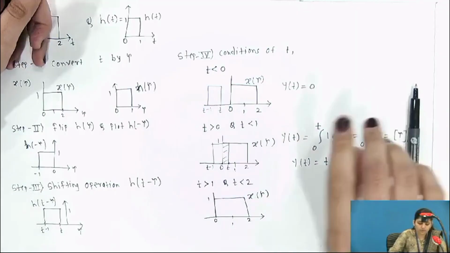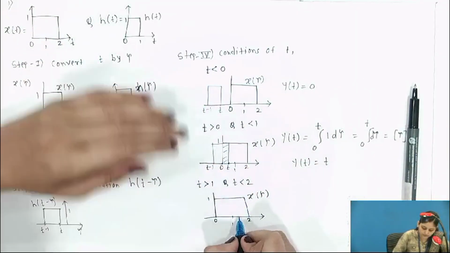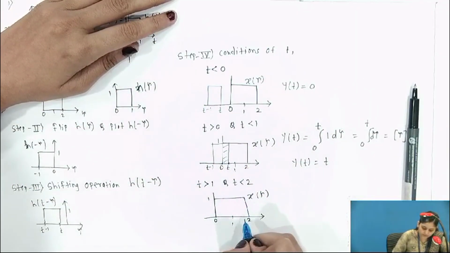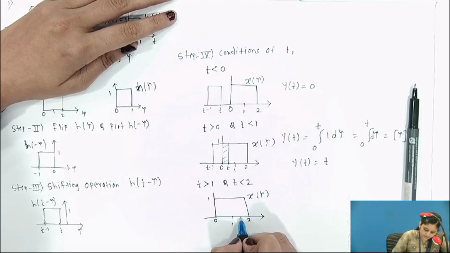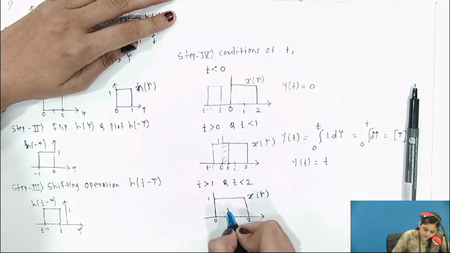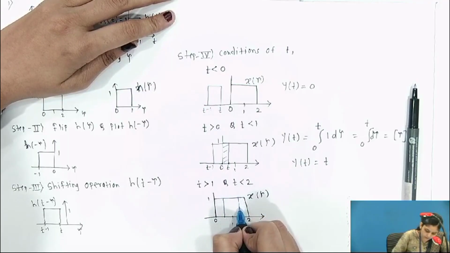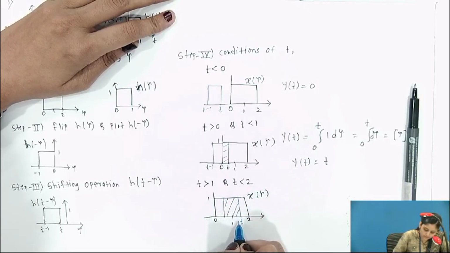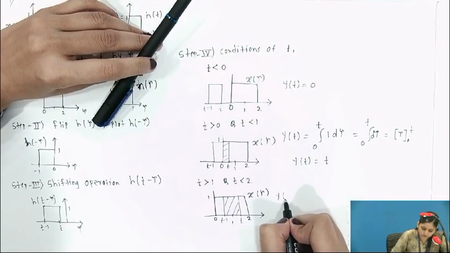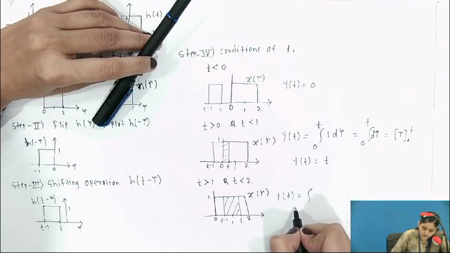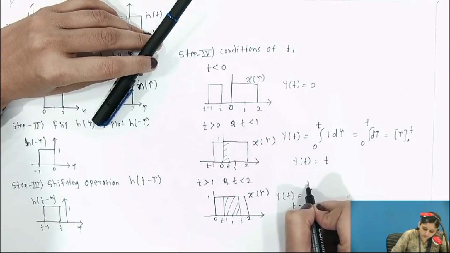Now we plot the graph of h of tau, when t is greater than 1 and less than 2. It starts from here and goes up to this point, so we get this region as our overlapping region. The amplitude is the same, and here it is t, and here it is t minus 1. Now our overlapping region is from t minus 1 to t, so we have to take the integration from t minus 1 to t.